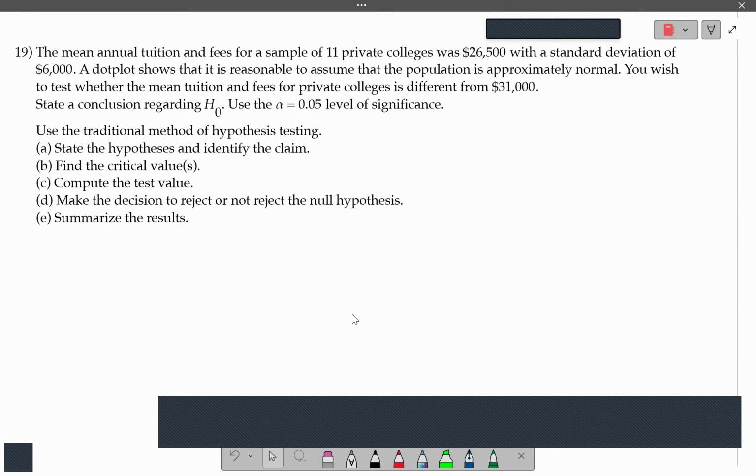Before starting any problem, you need to know whether you're going to be using the T table or the Z table.